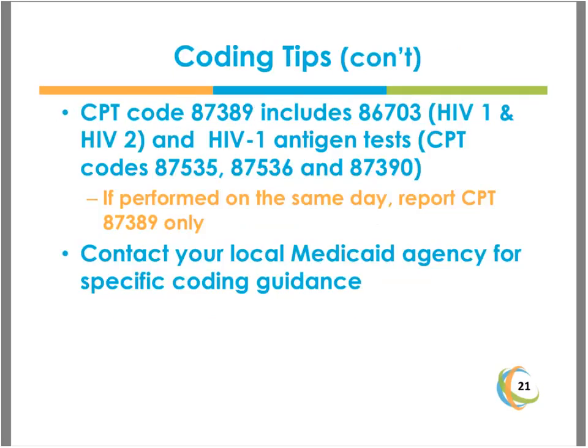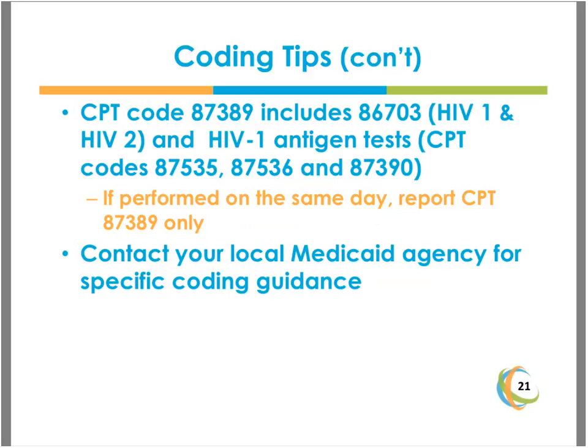Some coding tips that should be helpful in making the decision on which test code to select. CPT code 87389 includes 86703, which is the code for HIV-1 and HIV-2 combined. And it also includes 87535, 87536, and 87390.